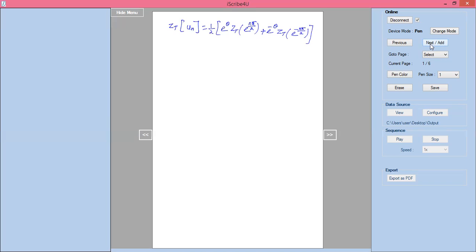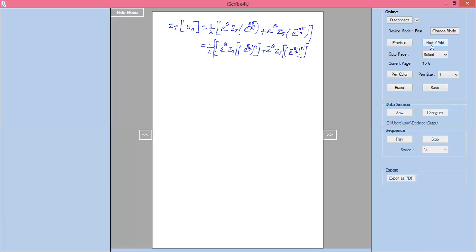See, I can write here only, say, 1 by 2 into e power theta into Z transform of e power pi by 2 whole power n, plus e power minus theta into Z transform of e power minus pi by 2 whole power n. Right.